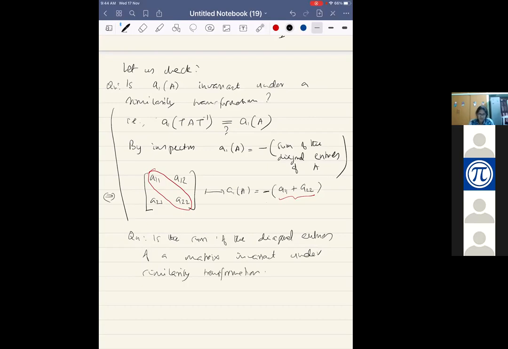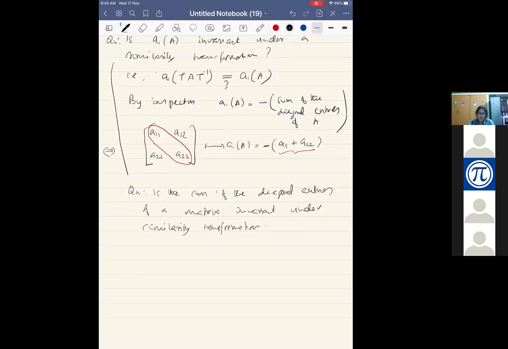Of course, at the moment, we are only interested in 2 by 2 matrices because we are doing the example of 2 by 2 matrices. I can ask this in general. Okay, so let us in fact check that this is the case.